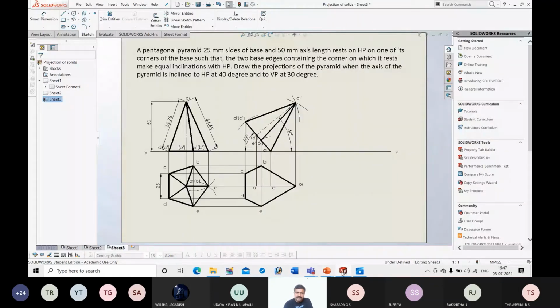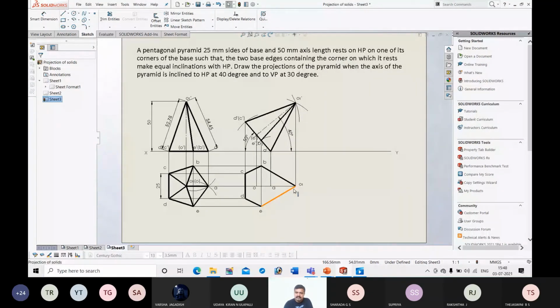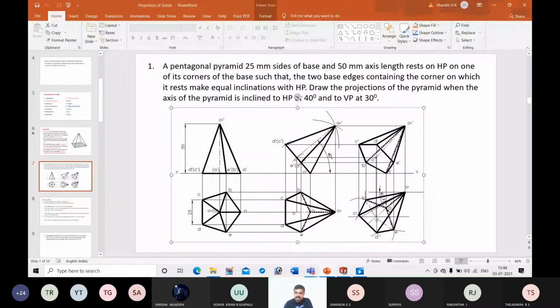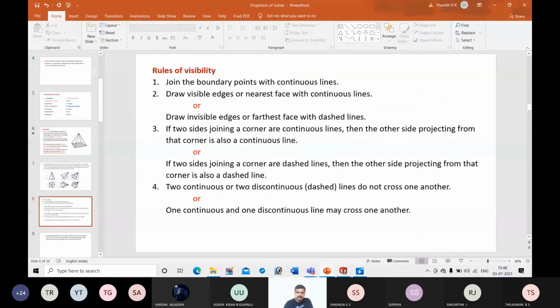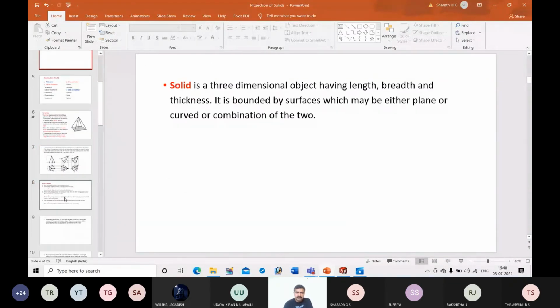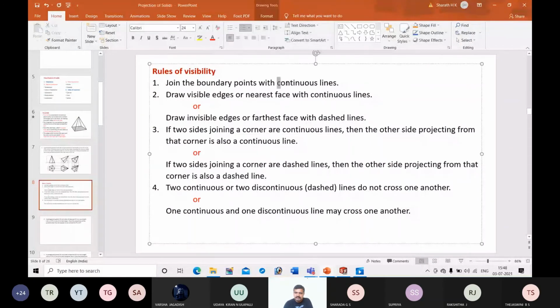Boundary points, irrespective of whether they are visible or invisible, should be connected with continuous lines. That is the first rule of visibility. So here boundary points should always be joined using continuous lines, which is why I have connected all boundary points using continuous lines.